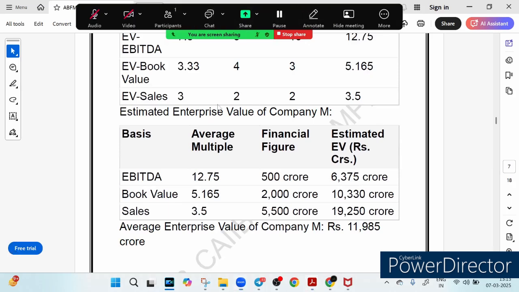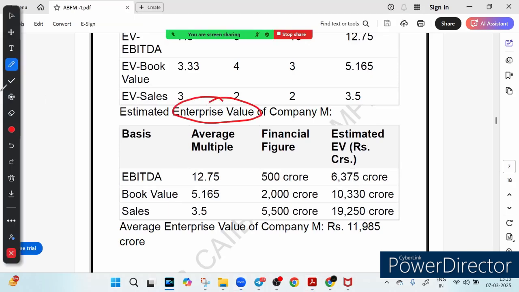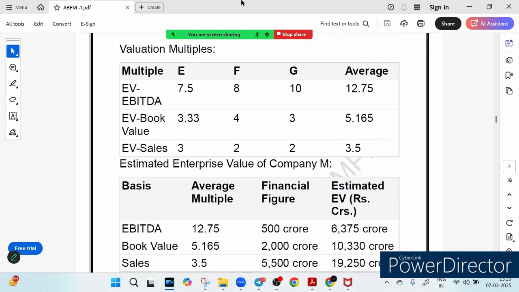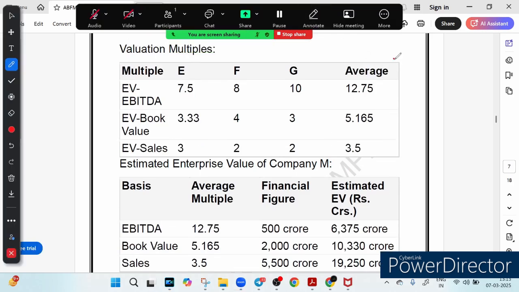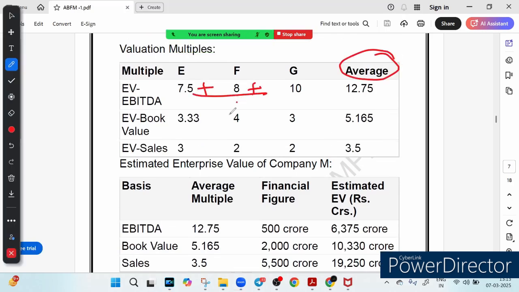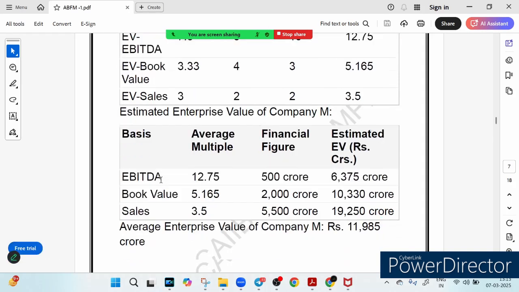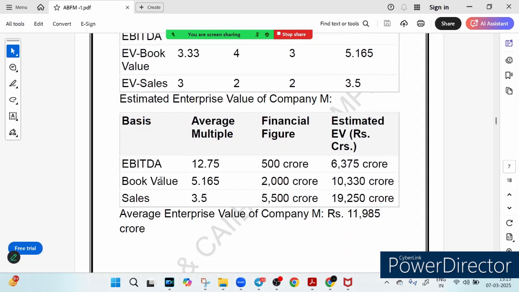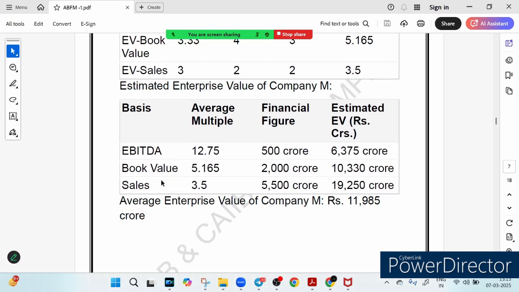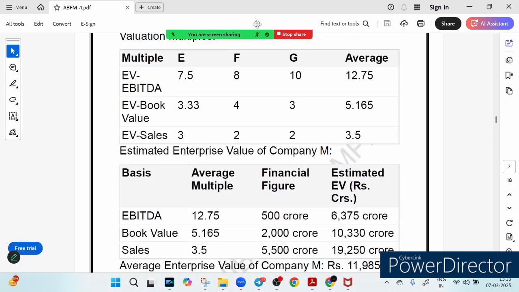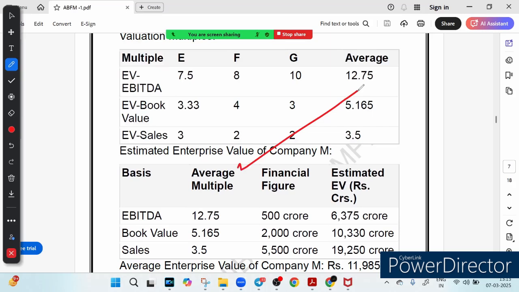These are the average multiples. So the average multiples are known, and we know some financial figures of company M. I told you earlier, the company M EBITDA is given as 500 crore. Let me write it down. EBITDA is 500 crore. We know the book value of asset is 2000 crore, and we know sales is 5500 crore.